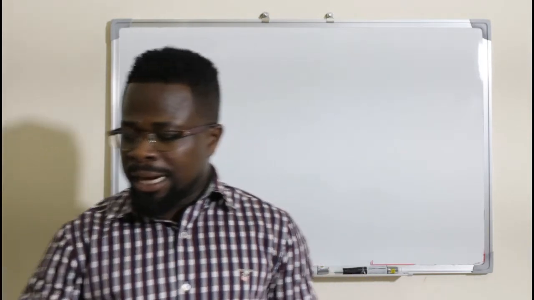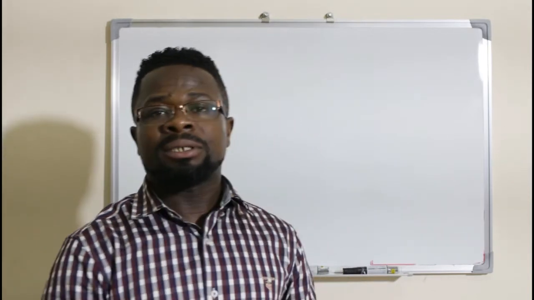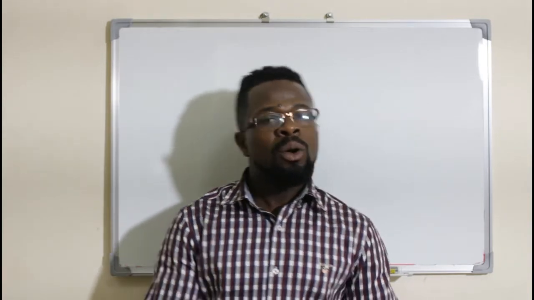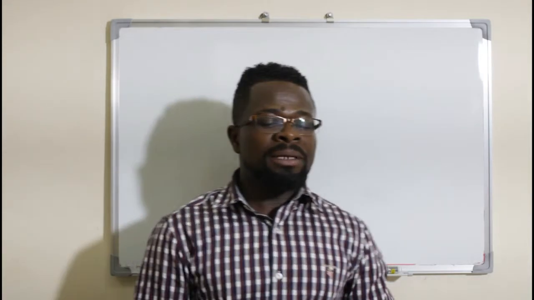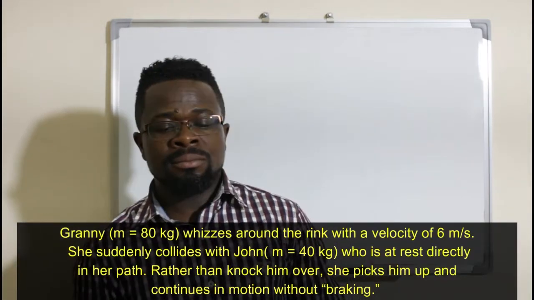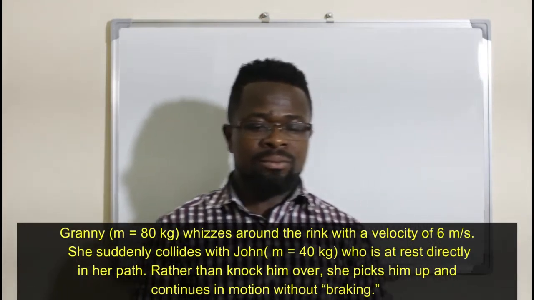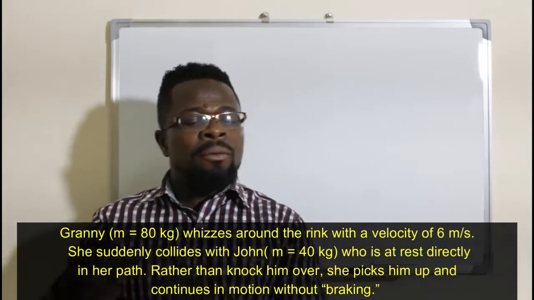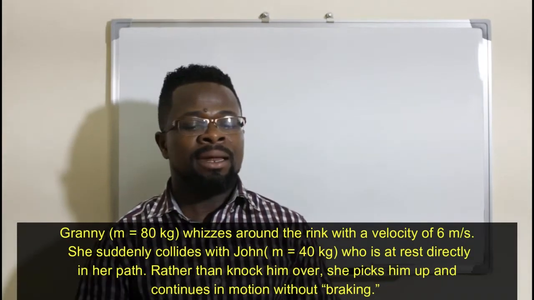Alright, let's forge ahead and look at some problems here. So our first problem here, what's the first problem? The first problem says a granny who is 80 kg in mass swings around the ring with a velocity of 6 meters per second.